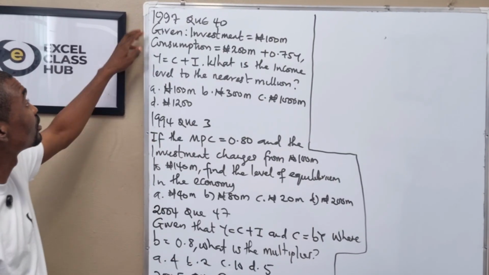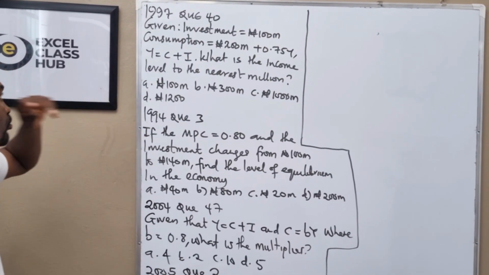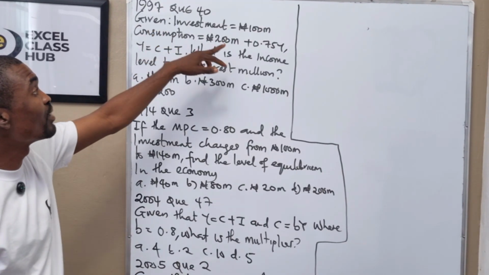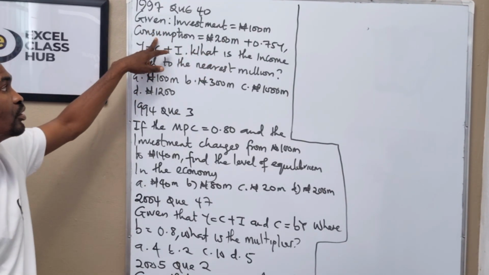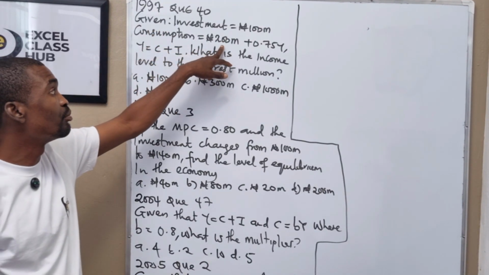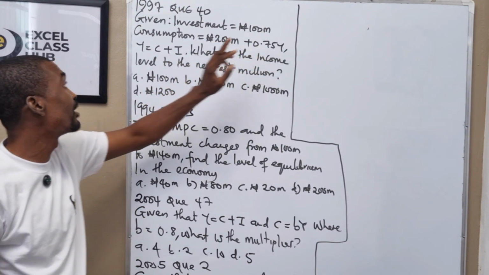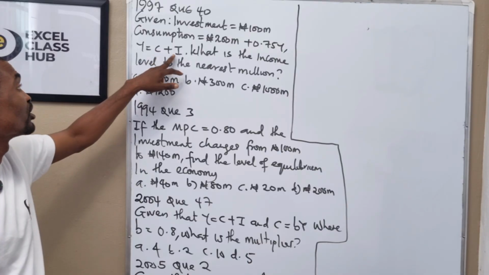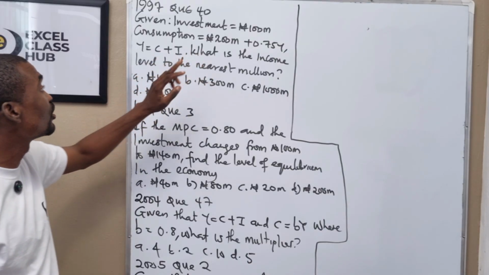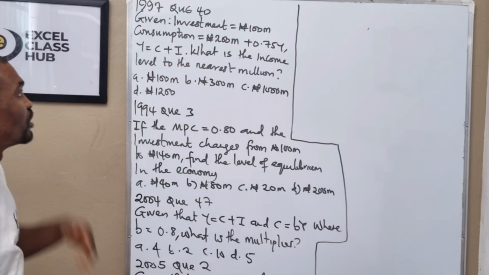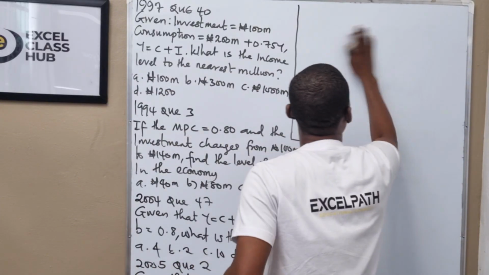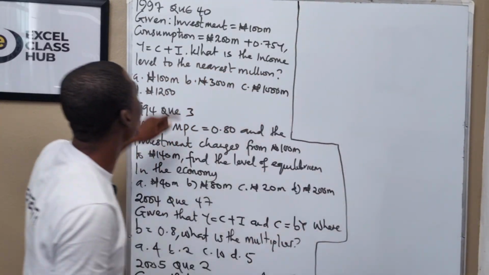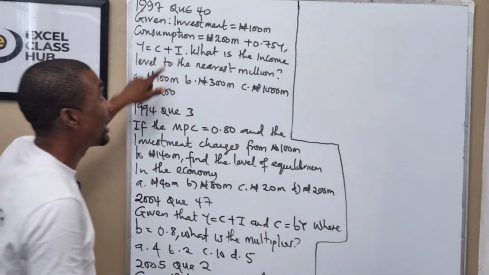All right, this is 1997, question 40. We are given investment to be 100 million naira, consumption to be 200 million plus 0.75y. Then we are given Y equals C plus I, that's consumption plus investment. Then what is the income level to the nearest million? This is an example of a two-sector economy, like I explained.